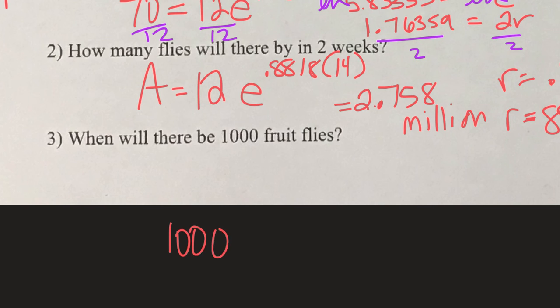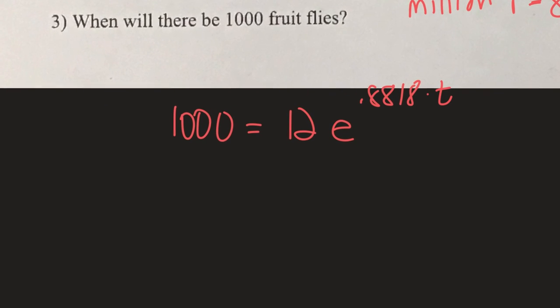So that's 1,000 equals 12e to the 0.8818 times t. Okay, we're trying to solve for t once again. So our 3 steps are divide, natural log, and divide. So divide both sides by 12.